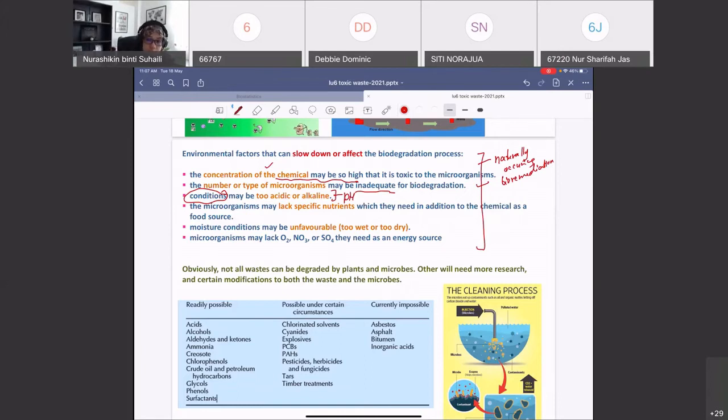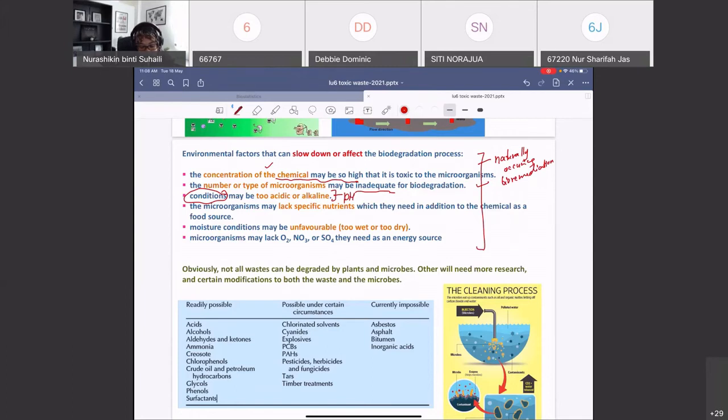But because the nutrients are not there, they might inhibit the growth. They might inhibit the metabolism of the toxic waste. Okay, it's the same as humans. If we don't have enough of certain vitamins, we may still be alive, but we might be weak, or not as efficient as those that have enough nutrients. The same goes for microorganisms.